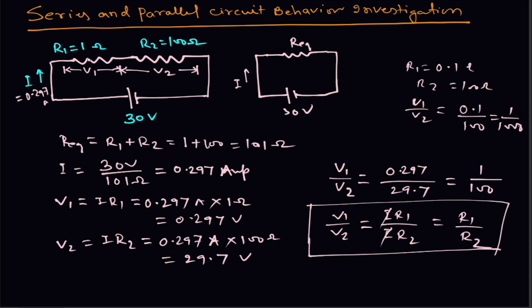So when this resistance is small enough, you can easily ignore it, and you can also see that R equivalent is 100 plus 0.1, that means 100.1, and the current will be closer to 30 divided by 100, that is 0.3 ampere, if R1 is very small.